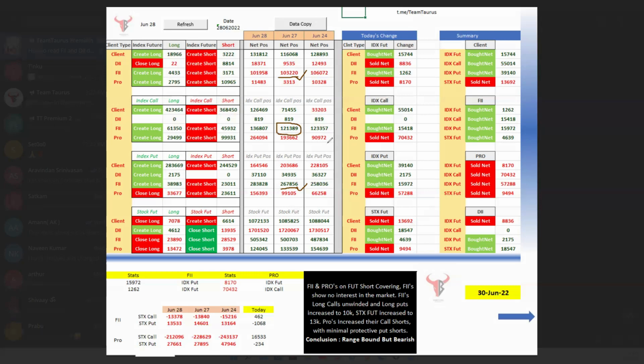I'm only talking about index here, guys, I'm not going into stocks. So in index, they are clearly bearish. They're selling futures, buying puts, and altogether they have the majority of their positions on the negative side of the market compared to the positive side. You understand now?